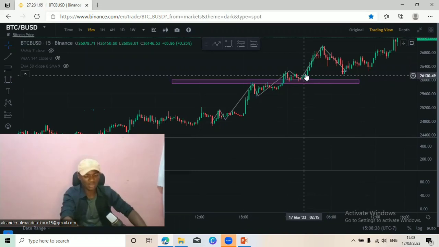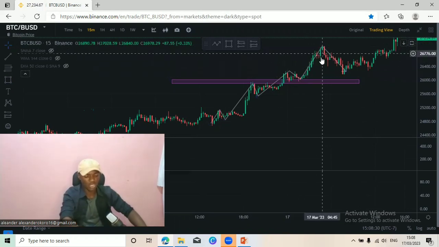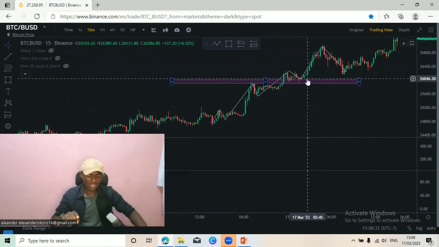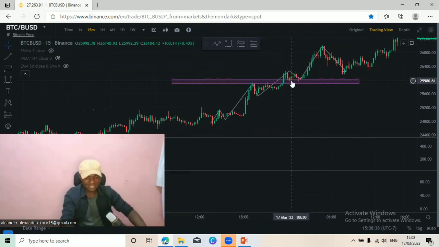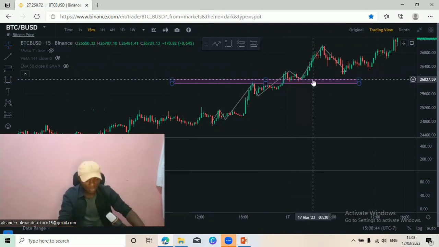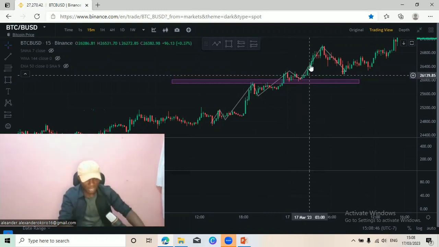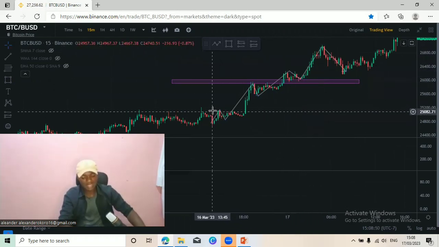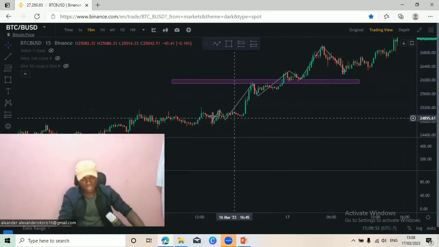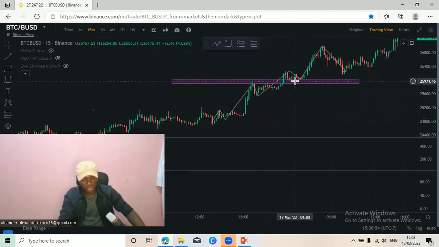You can see the candle as it moved from this point. So what it means is that you can gain your possible entry once it breaks and it has formed already. The resistance has turned to support. So you can enter the market from this point and then exit from any point from here, because you know the market is in uptrend and is making a new higher high, a new higher low.